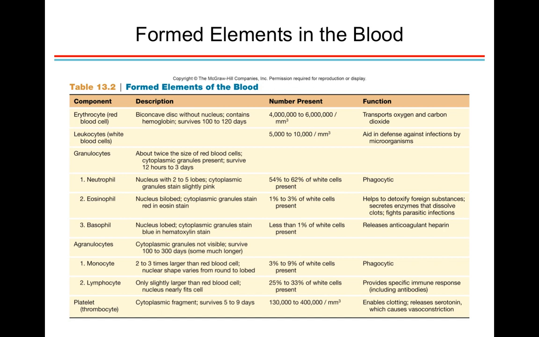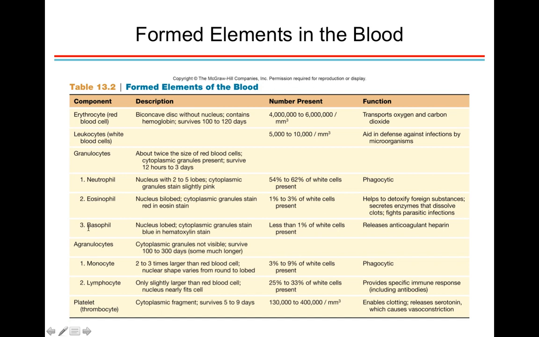We have leukocytes, which are white blood cells playing an important role in the immune system. We have granulocytes, and these play a role in immunity as well. There are phagocytic neutrophils, eosinophils that help to detoxify foreign substances, and basophils that produce the anticoagulant heparin.